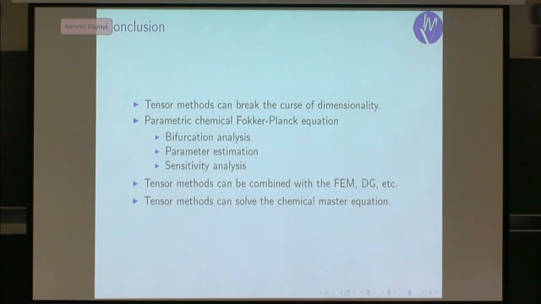This tensor approach is not limited to finite differences, as I was talking about today. It can be applied to any other discretization method, like the finite element method or the discontinuous Galerkin method, if you wish. And the tensor methods are not limited to the chemical Fokker-Planck equation only. You can solve, for example, the chemical master equation by tensors, but it would be a little bit different story.